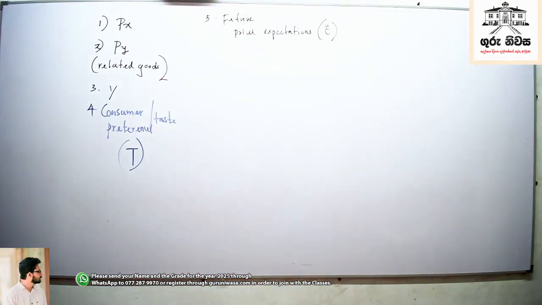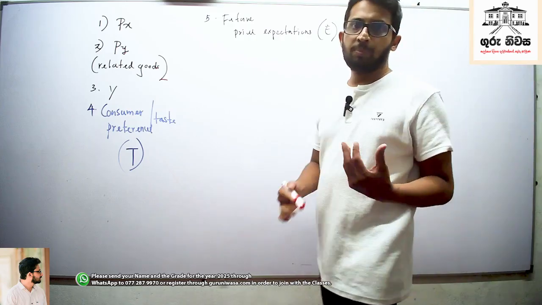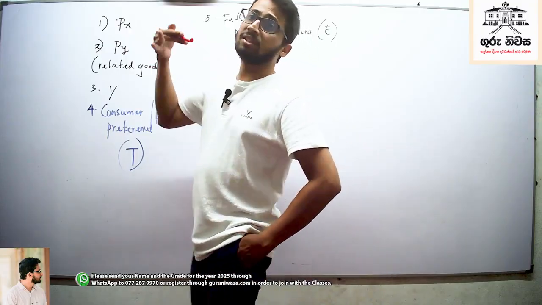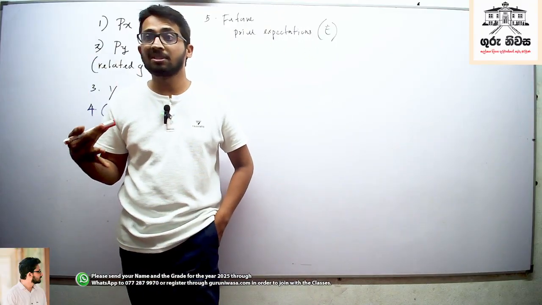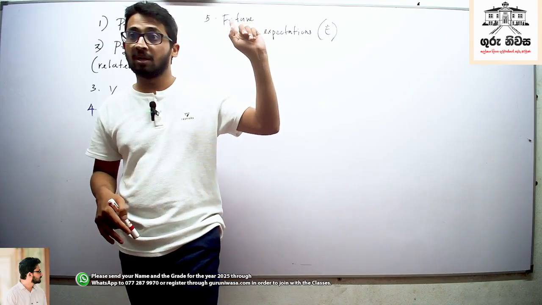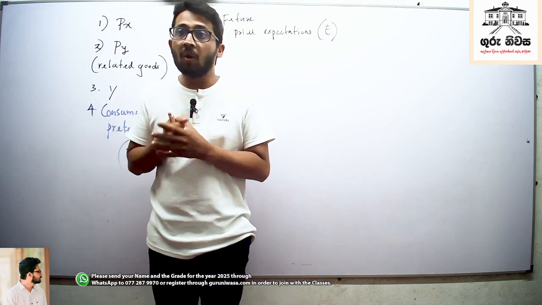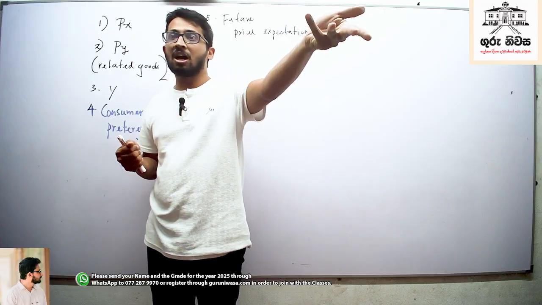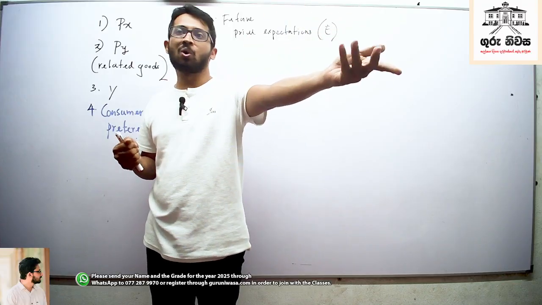Sometimes, for example, if people think car prices in the future will decrease. Just imagine, not today. Today, car prices are really expensive. But people hope the car price will decrease after 2 months or 2 years.